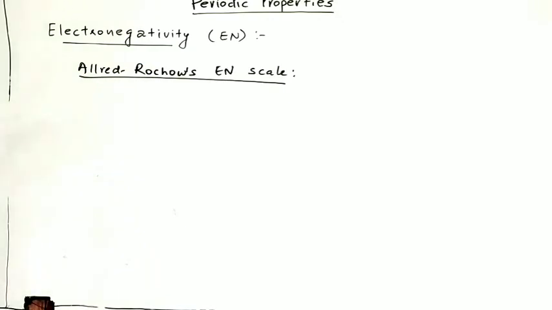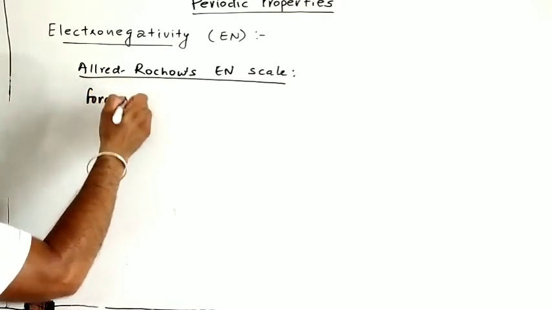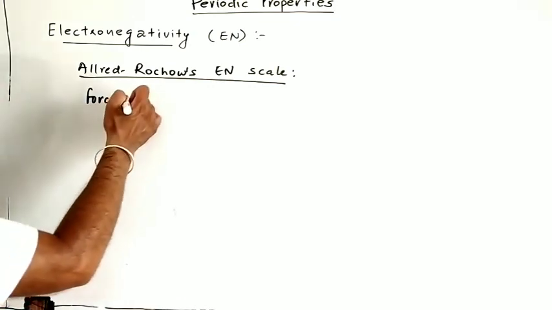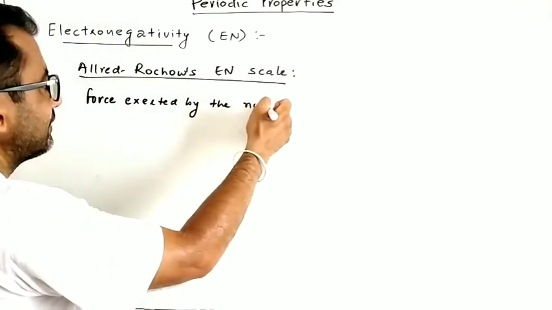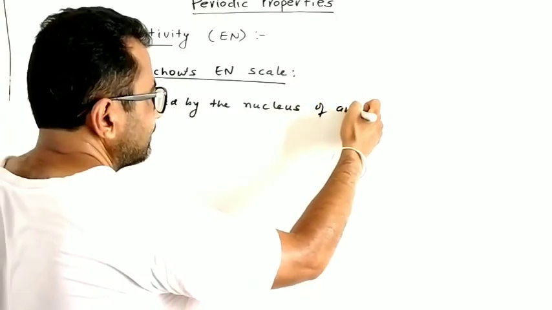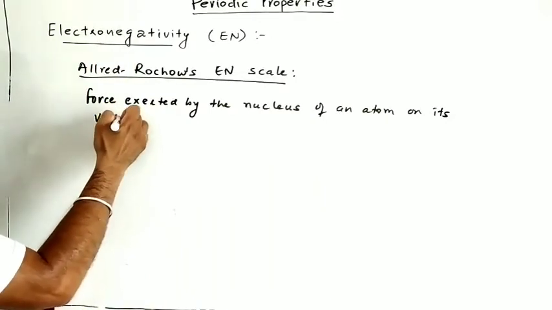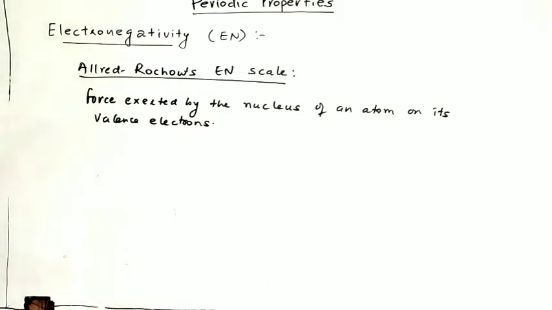They define electronegativity as the force exerted by the nucleus of an atom on its valence electrons.